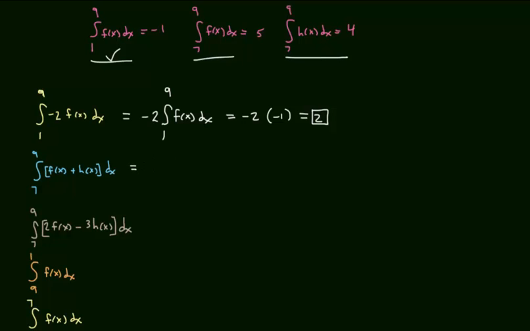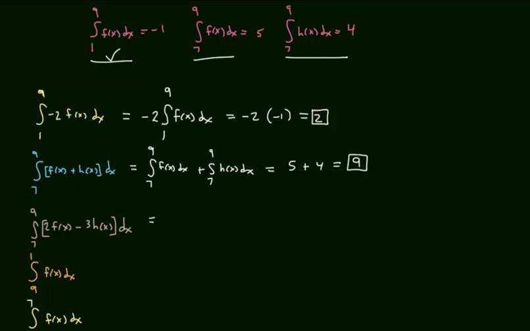And the second one, the purpose of this is to show that we can break this integral into sums, just like we did before with indefinite integrals. And from above, from 7 to 9 of f is the 5, and from 7 to 9 of h is the 4. Add those together, we get 9.